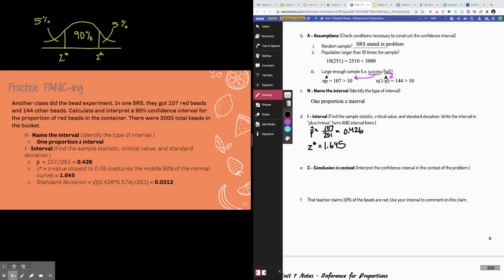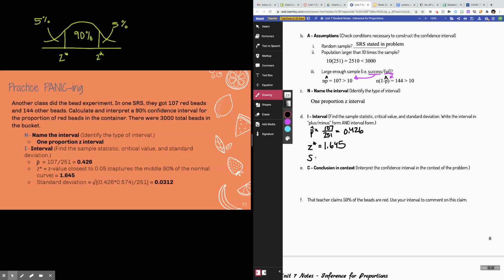And then the last thing I need to do is calculate my standard deviation, or technically, this is standard error. I'm just going to label that S for myself.